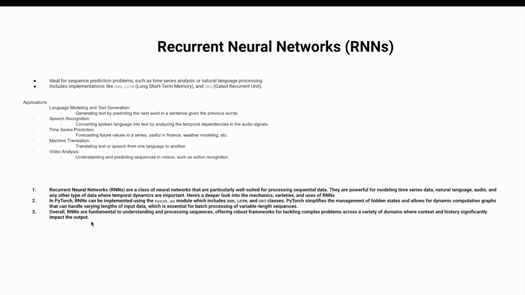So overall, recurrent neural networks are fundamental for understanding and processing sequences, offering robust frameworks for tackling complex problems across a variety of domains where context and history significantly impact the output.